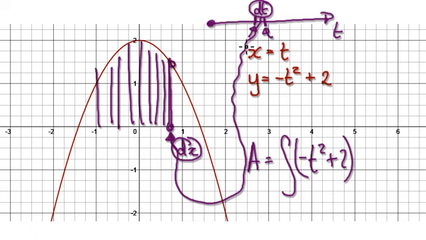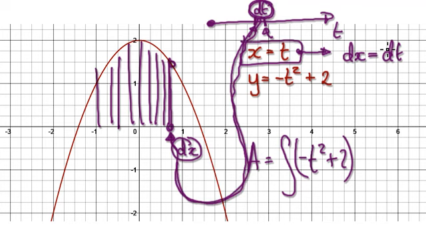Well, we would look at this here and differentiate both sides. That gives us dx equals dt. So a small change in dt results in a small change in dx. It's a direct relationship, just because in this particular scenario, dx equals dt.